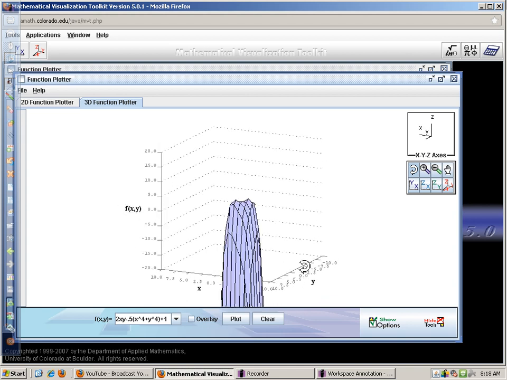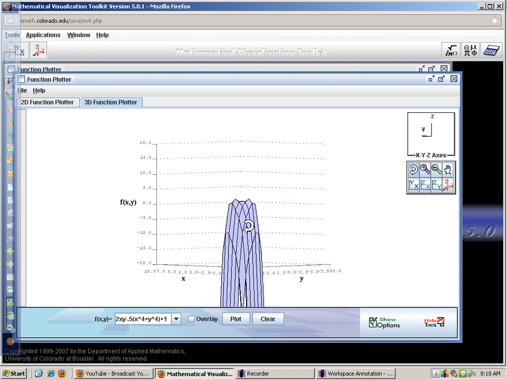I tried to do it with Mathematica, and for this function, Mathematica would just give me a plot that looked like a kind of curved tabletop. It wasn't getting the peaks or the saddle point at all. So this one, it does work pretty nicely.